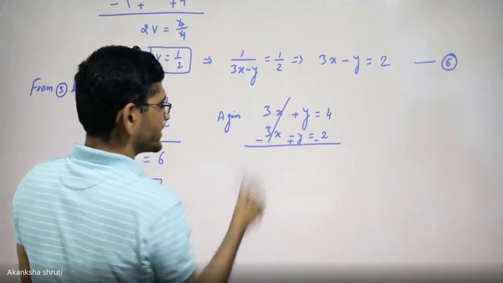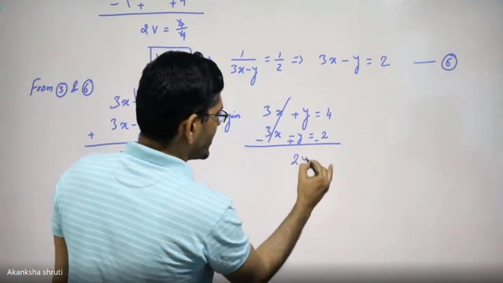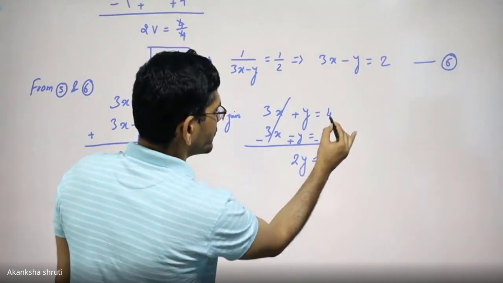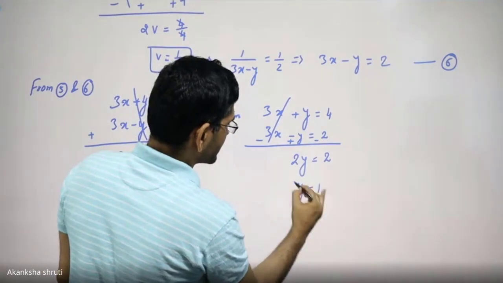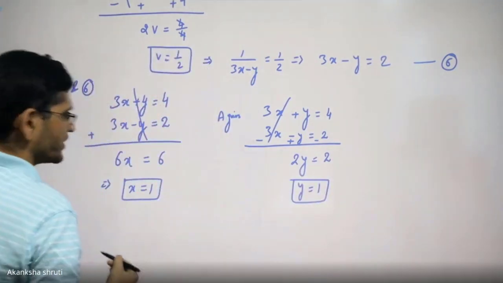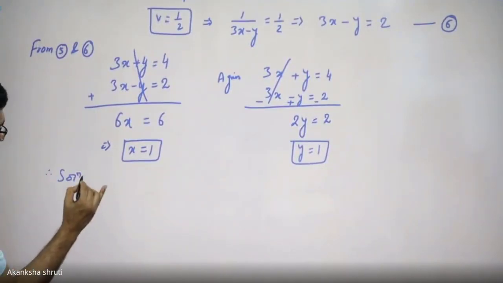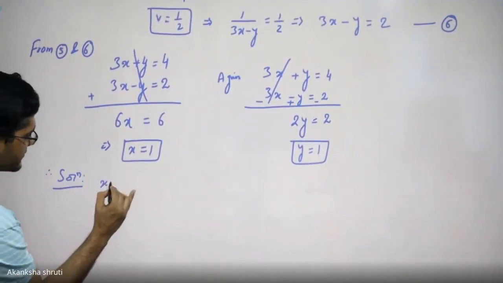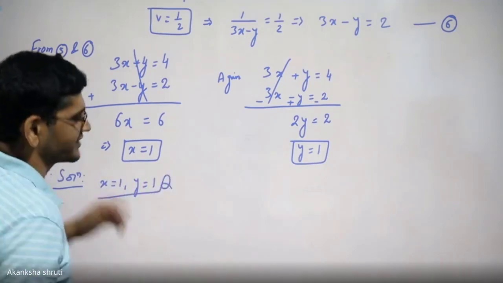This time x gets cancelled, x has been eliminated. y and y is 2y is equal to 4 minus 2, which is 2. So y is 1. What we have observed, therefore, the solution is x equals 1, y equals 1. This is the required answer.